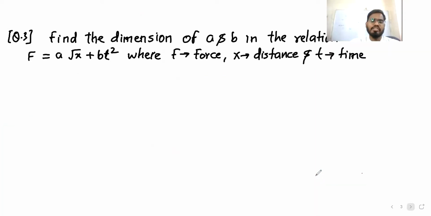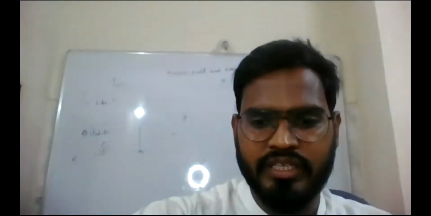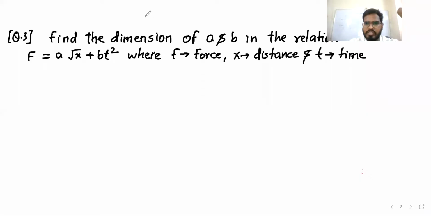Now find the dimensional formula of A and B in the relation of force equals A root x plus B T. So we can say here, find the dimensional formula of A and B in the relation of this, right?